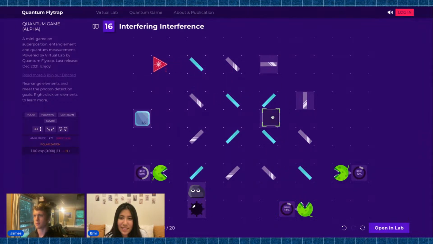Not quite what we want. I feel like that one should be near the end, but that's just my feeling. The black box? Could be. We could put it here.